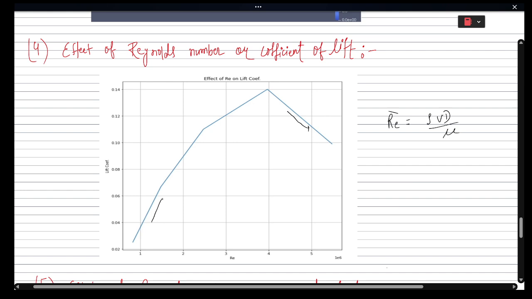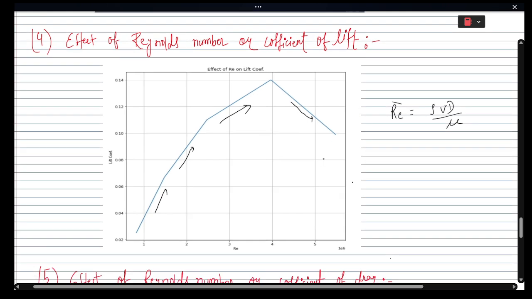Here you can see it increases, and after that it decreases, because the turbulence causes energy loss and instability. This information is useful for designing things like airplane wings, where maintaining lift is important.